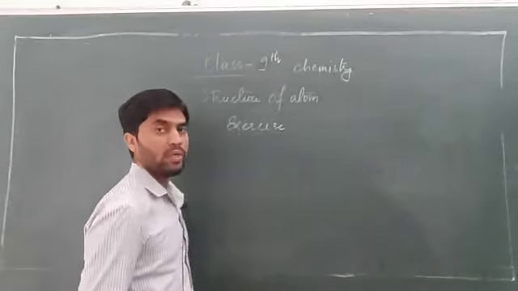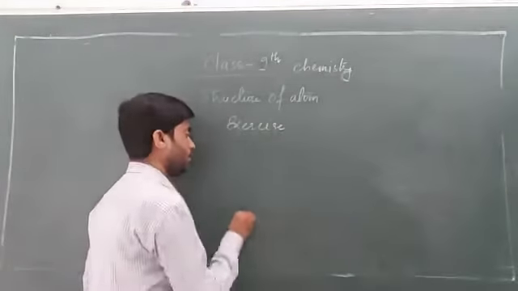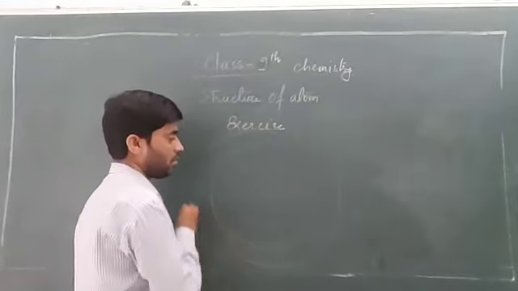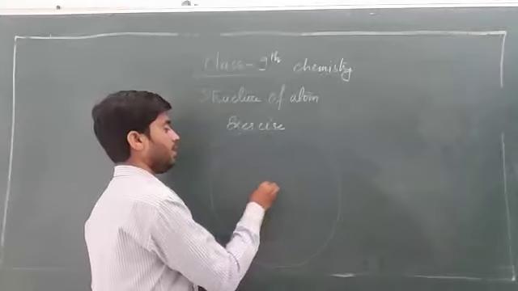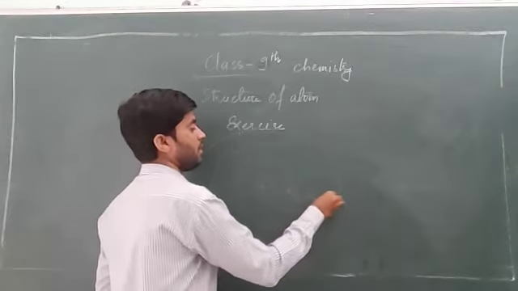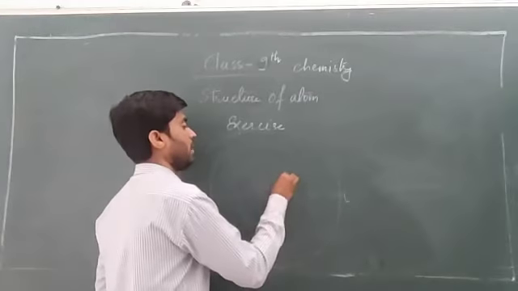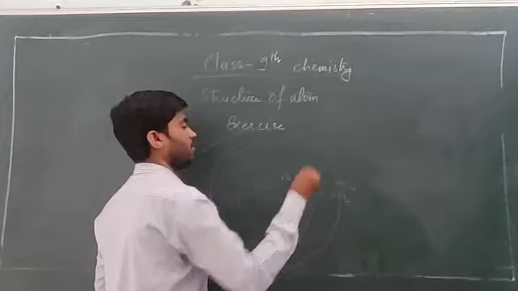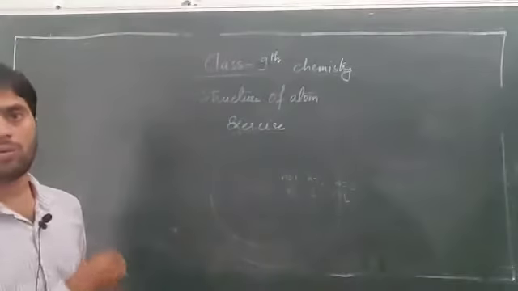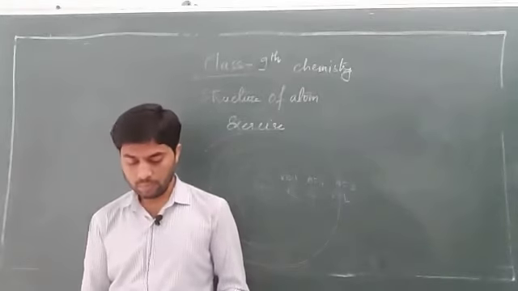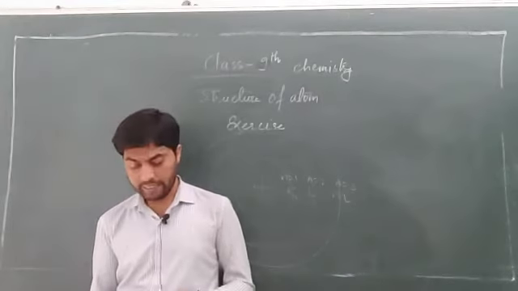Like this, it is a nucleus and this is the first shell, this is the second shell and this is the third shell. K shell, L shell, M shell. This is n equals 1, n equals 2, n equals 3. So you have to draw this model.